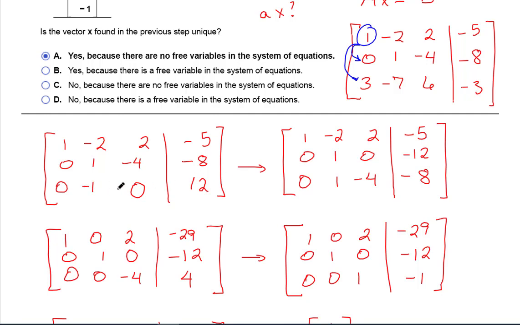All right, and multiply this one by -1. So now I'm going to use this one to make some zeros above and below. All right. At this point, divide row 3 by -4. And I'm going to use this one to make a 0 above it.